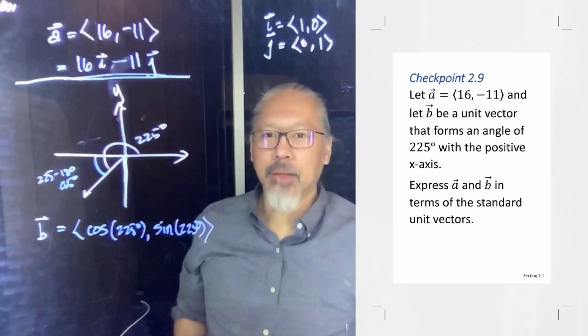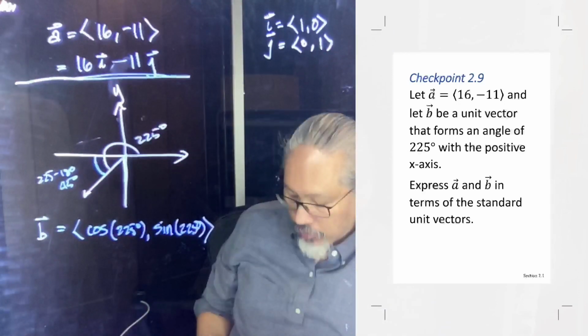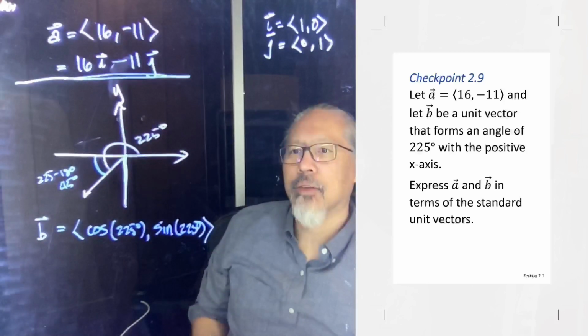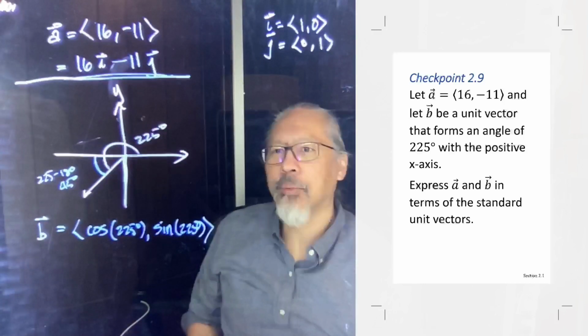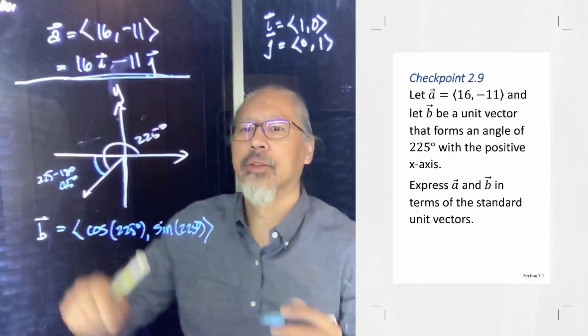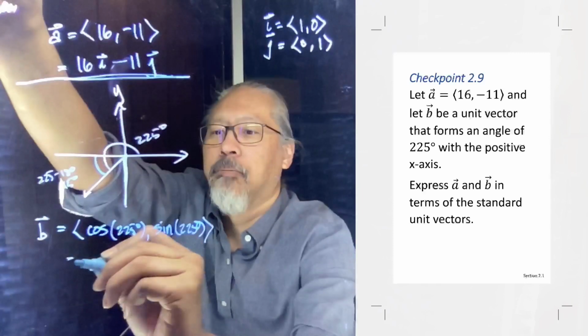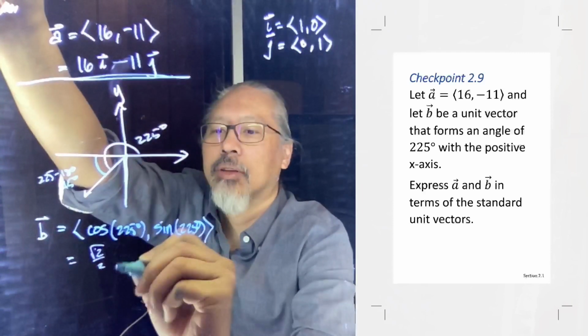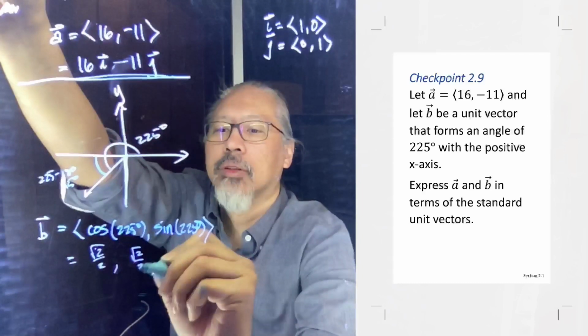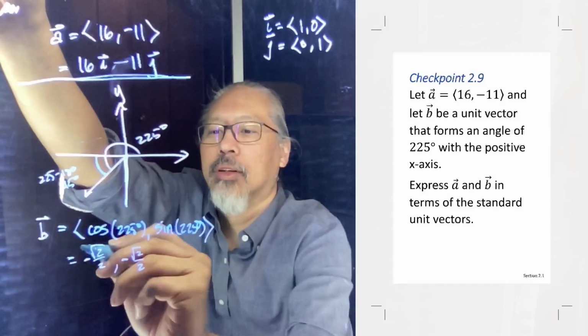If we use the angle 225, we know that it's going to give us the correct sign. In this case, they're both going to be negative, and I believe it's root 2 over 2. So we can write root 2 over 2, comma, root 2 over 2, and they're both negative.